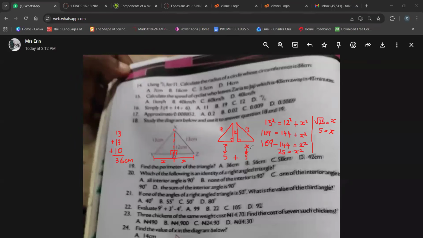D is wrong. Sum of interior angles of a triangle is what?